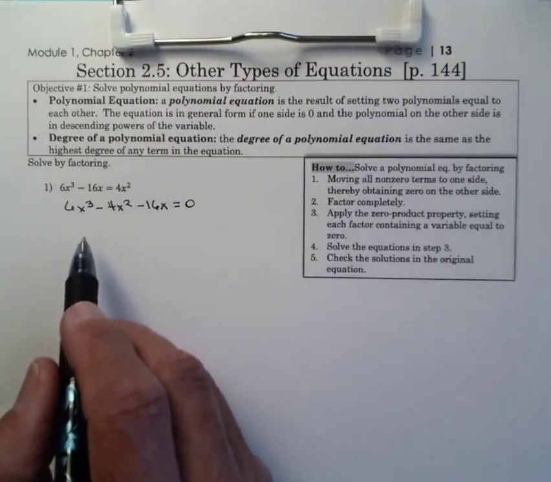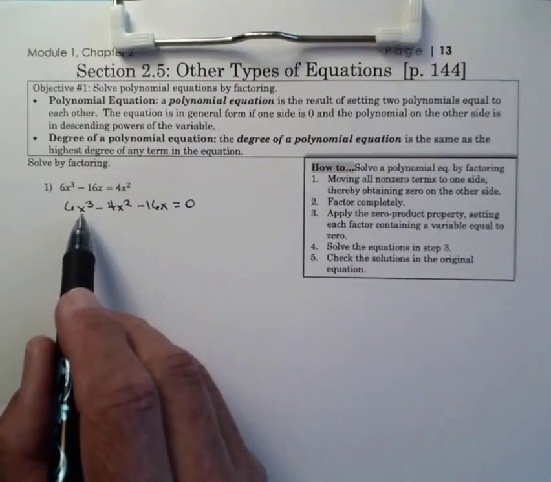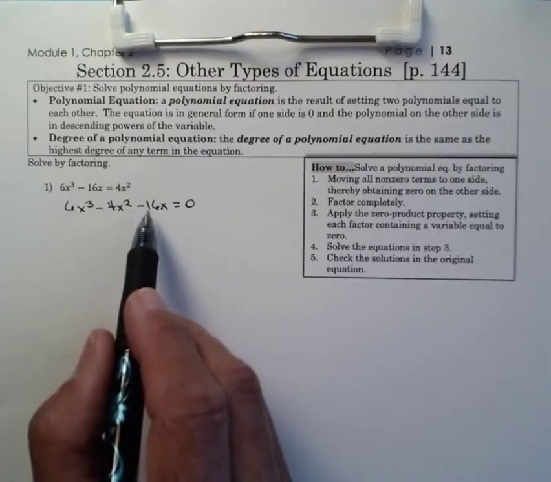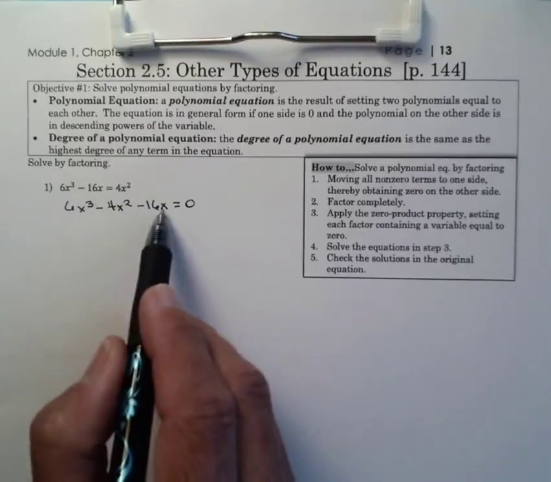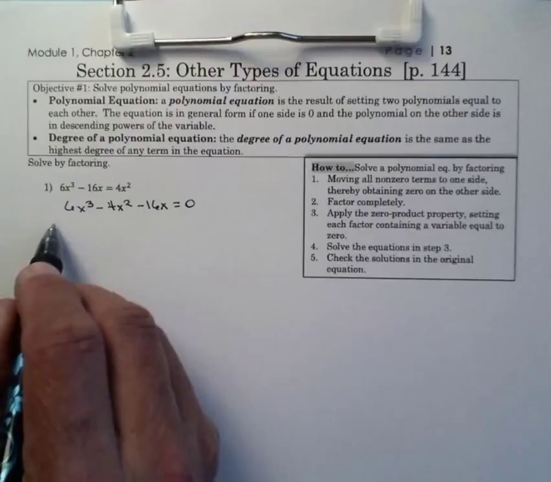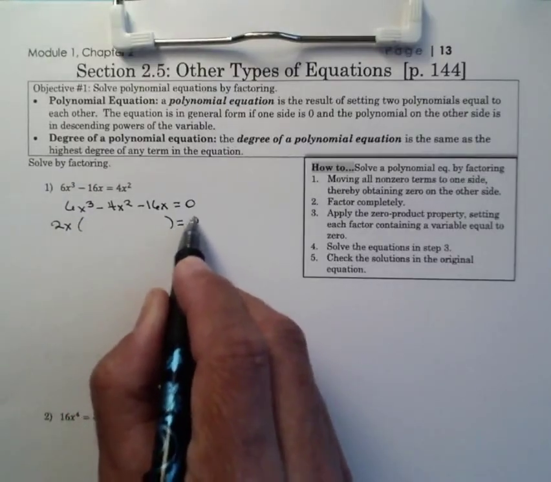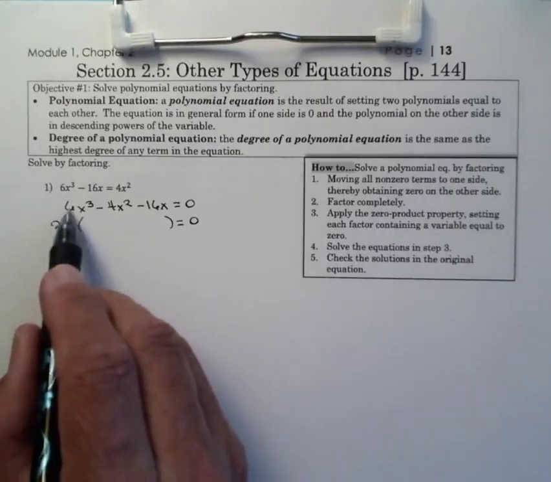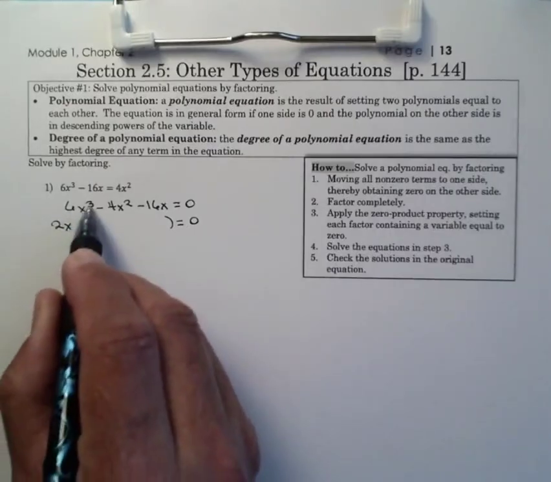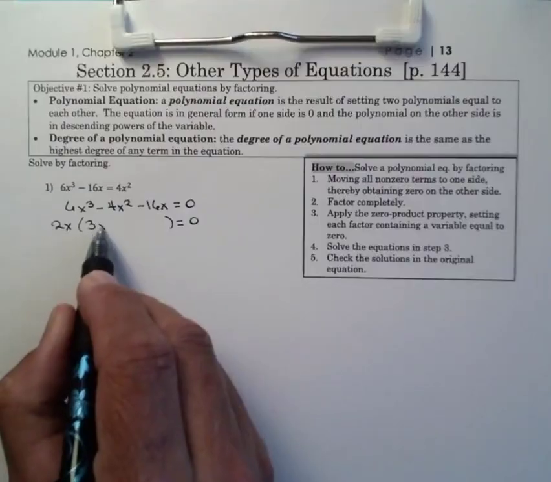So the next thing I want to do is look for a GCF, and I see one. All of these are even, so you know you've got a 2 that can be factored out, but I've also got x in each of them. So I'm going to factor out 2x. I'm going to have a trinomial left, equal to 0, of course. 6 divided by 2 gave me my 3. X cubed divided by x gave me x squared.